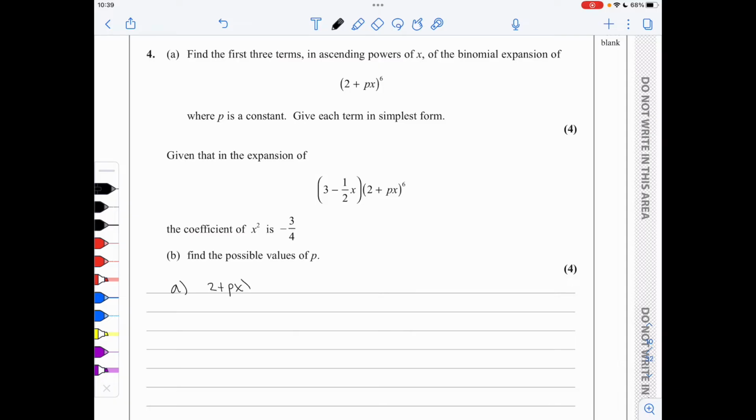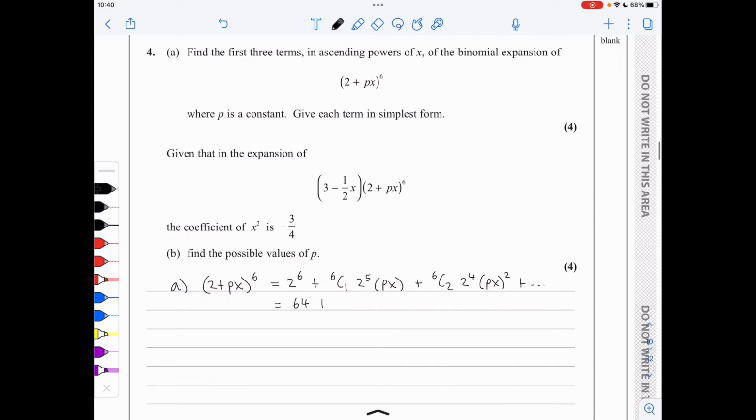So (2 plus px) to the power of 6 will be 2 to the 6 plus 6 choose 1, 2 to the power of 5 times px plus 6 choose 2, 2 to the power of 4 (px) squared plus dot dot dot, and this simplifies to 64 plus 192px plus 240p squared x squared plus dot dot dot. Notice the use of brackets here to avoid common mistakes when we raise to higher powers.